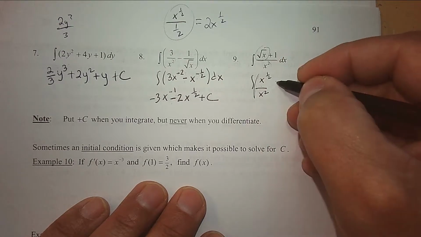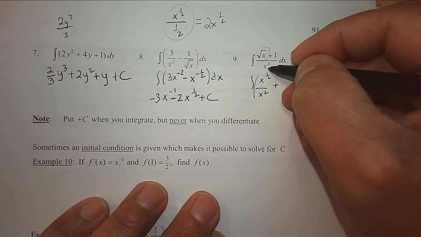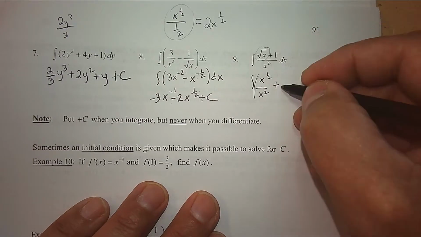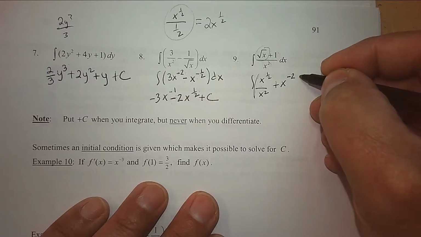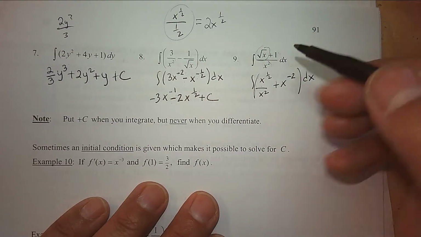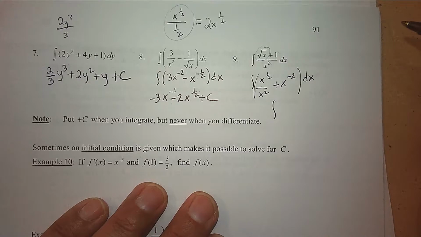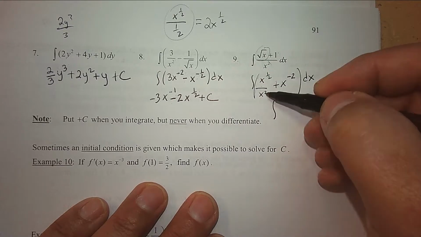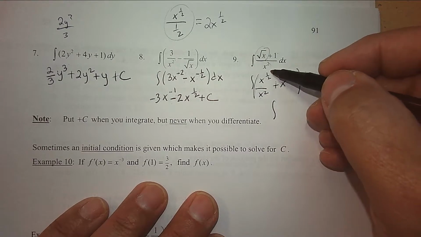Meaning, the second one would be 1 over x squared. Well, 1 over x squared is the same as x to the negative 2. And now you can do the, well, not quite yet. We're soon going to be able to do the anti-power rule. What do I still need to do here on the left? Because they have the same base, what can I do with the exponents? Subtract them. What's 1/2 subtract 2?